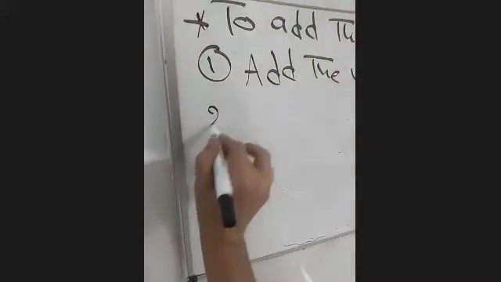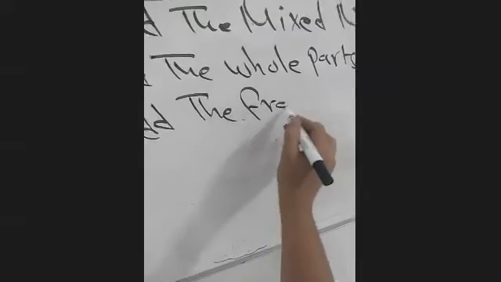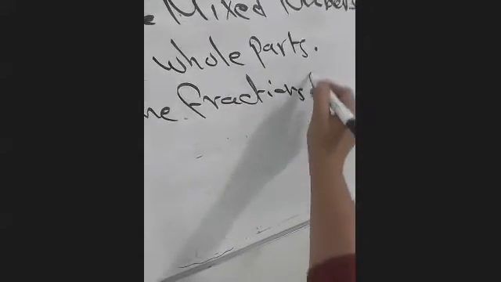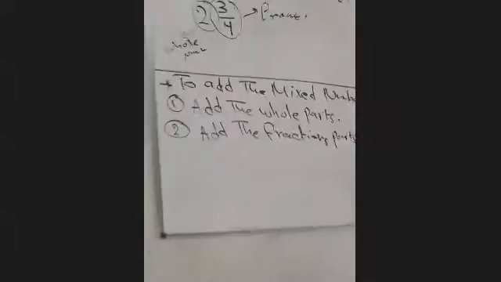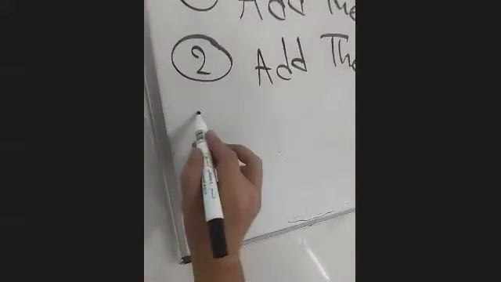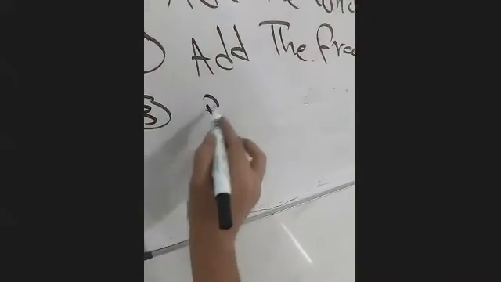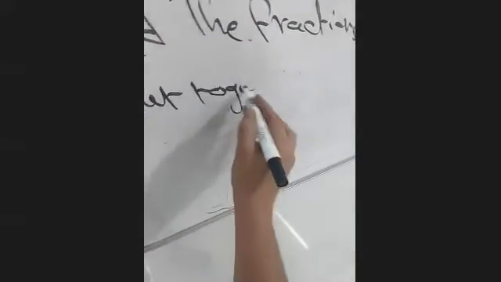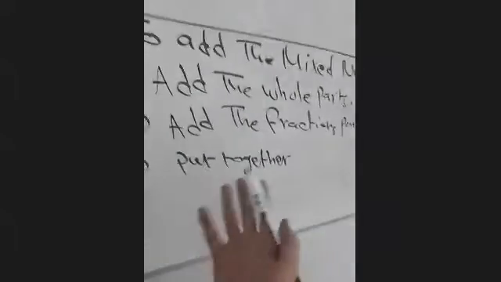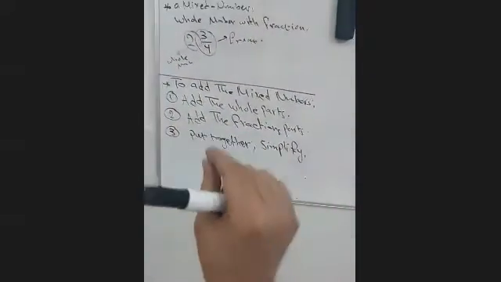Second step, add the fraction parts. So first we add the whole numbers, second we add the fractions. Third step, which is the important step, put together. Now with an example, we'll know what's the meaning of put together, okay? And simplify, don't forget that.